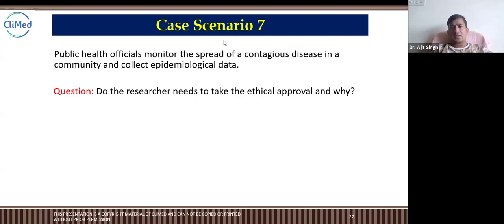No, in most cases, ethics approval is not required for public health surveillance activities. Why is it not required? What is the reason behind it? Why don't they need ethics committee approval for a public health study?